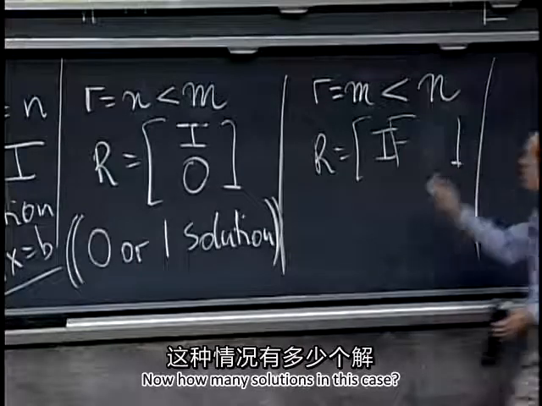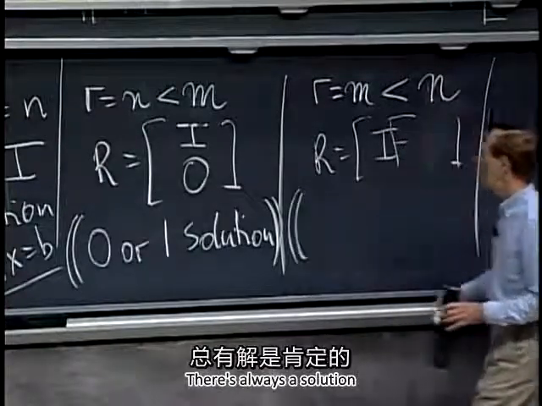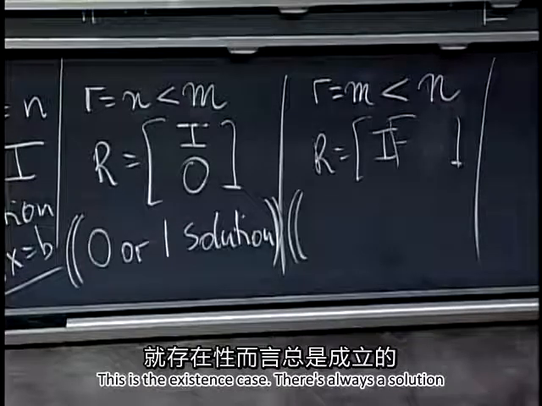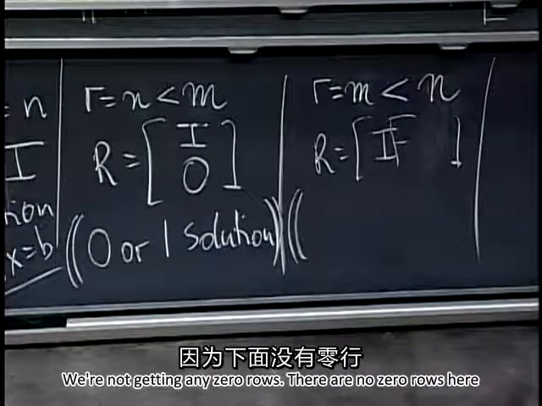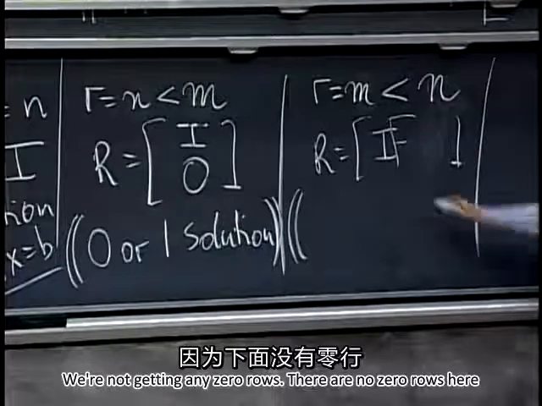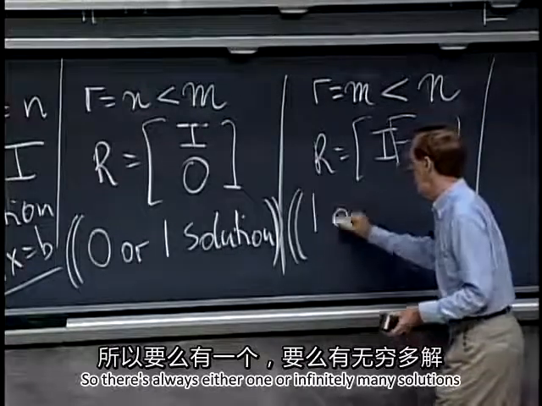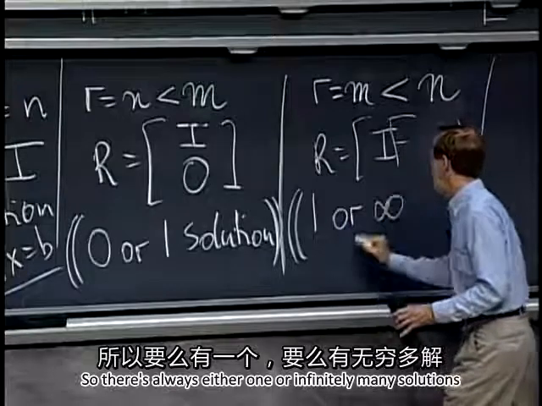Now, how many solutions in this case? There's always a solution. This is the existence case. We're not getting any zero rows. There are no zero rows here. So there's always either one or infinitely many solutions.